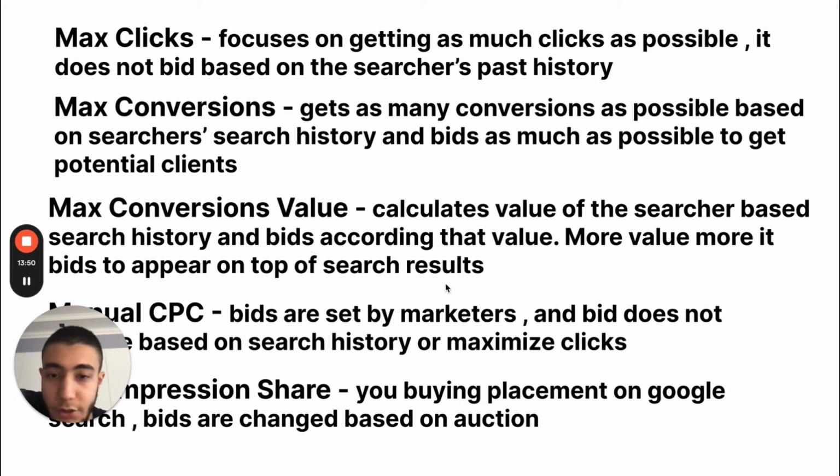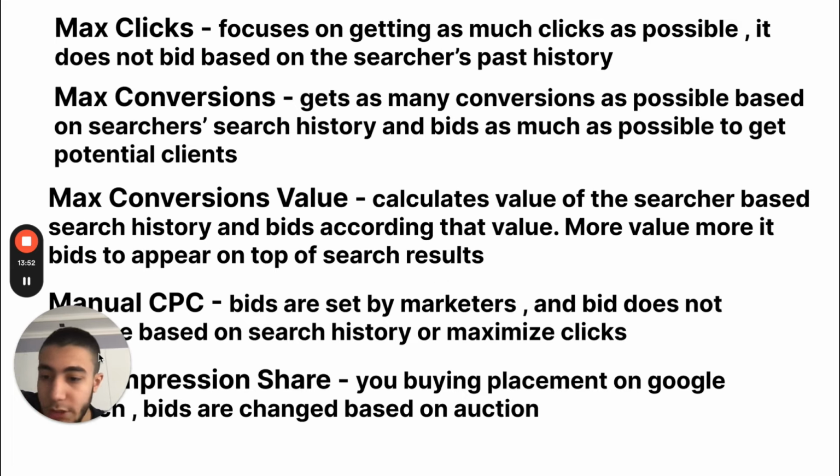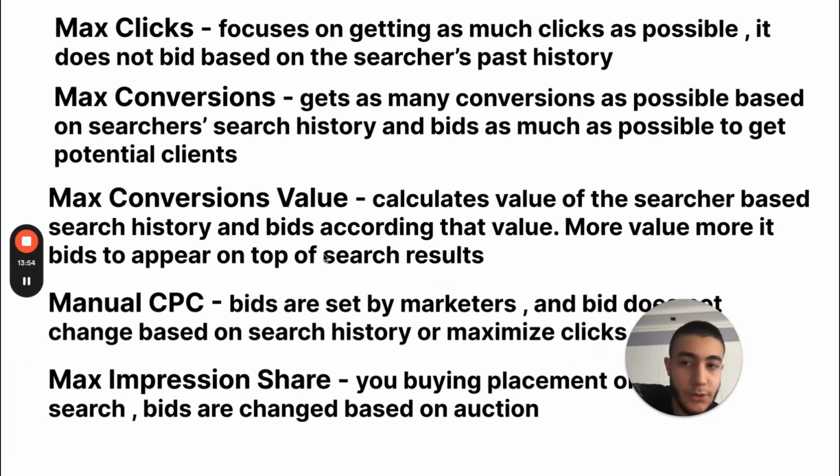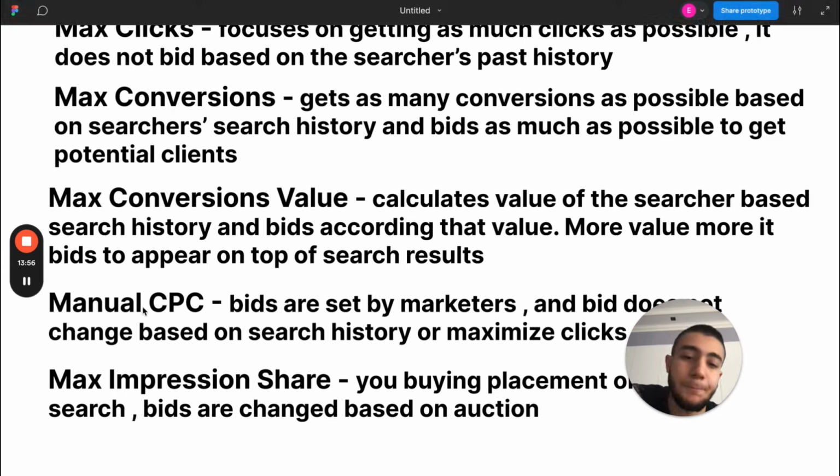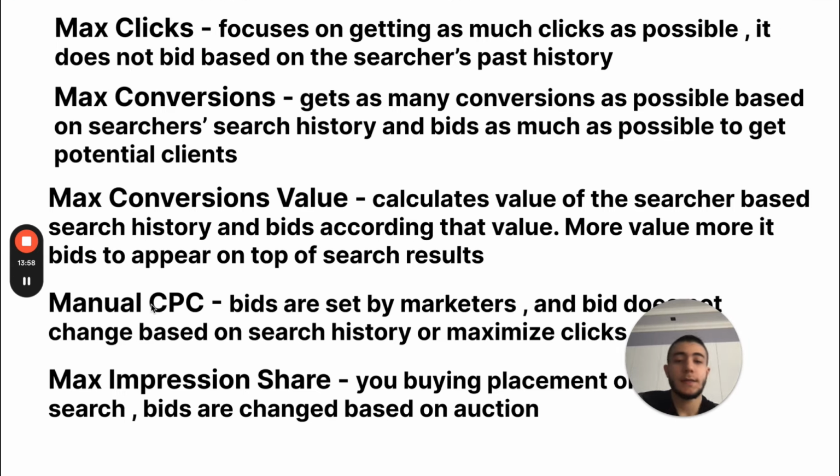conversion action. So the manual CPC works similar to max clicks. It doesn't depend on the search history of your client. It doesn't matter on anything. It just matters on the bids which you set. So it's gonna be static bids which you're gonna set.